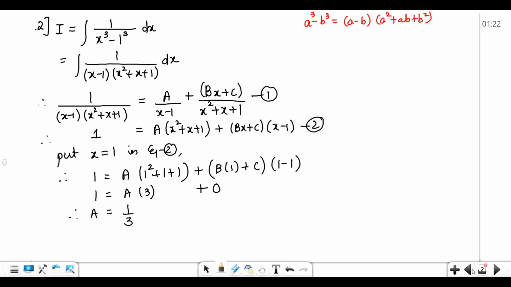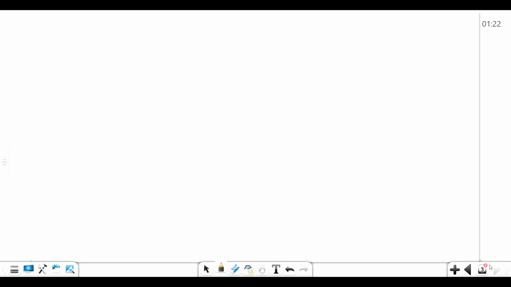Let's just move on to the another part, that is we have to find the value of b and c also, but we don't have the linear term to equate it to 0. So instead of that we will use a random value. Okay, so for the random value, let's just take a simplest value, that is x is equal to 0 in equation 2.